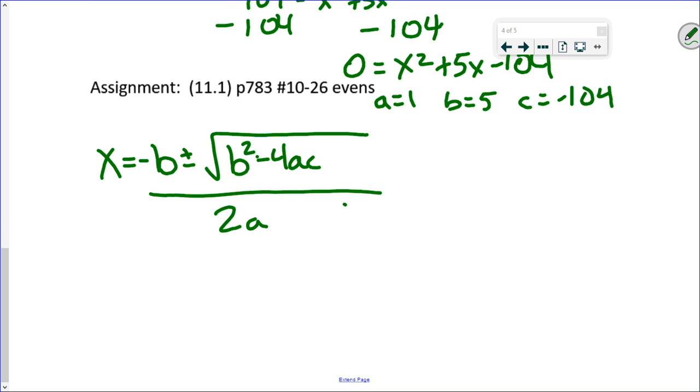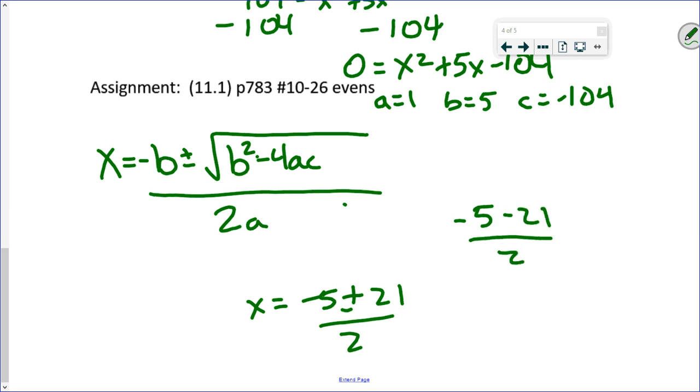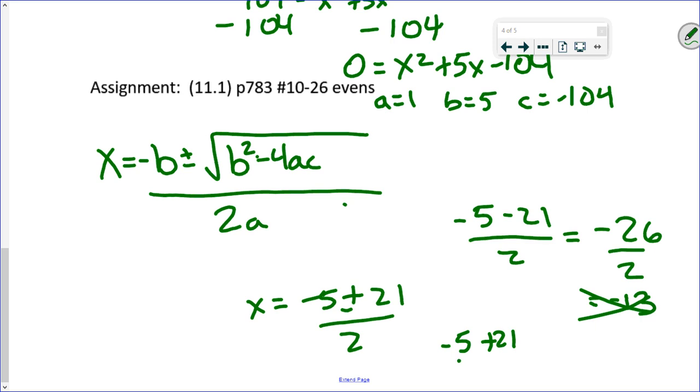When you plug in a, b, and c, you end up with x equals negative 5 plus or minus 21 over 2. Of course, if you do negative 5 minus 21 over 2, you get negative 26 over 2, which is negative 13. Negative 13 is not the answer because your base and height cannot be a negative number. These are linear measures. So then you do negative 5 plus 21 over 2.